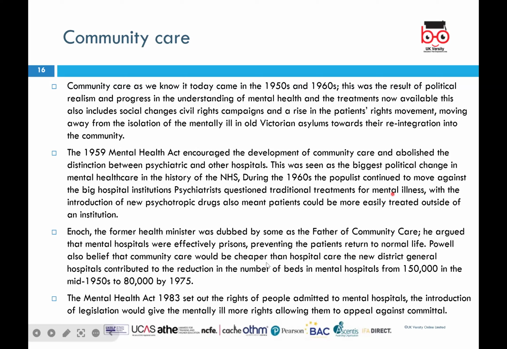There was a lot of revolution, and this brought in the Mental Health Act 1983, which set out the rights of people admitted to mental hospitals, and the introduction of legislation that gave the mentally ill more rights, allowing them to appeal against any injustices.